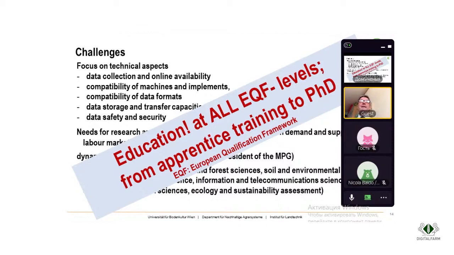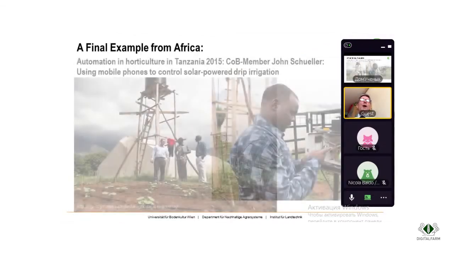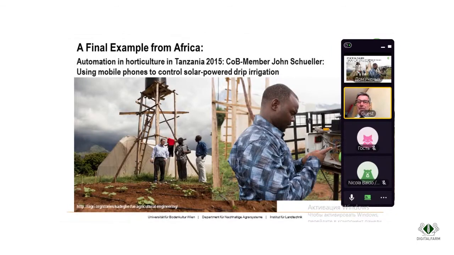To give a last example of how it can work, from my colleague, the Club of Bologna member, John Schiller, he was working in Africa, where also on a very simple level, in 2015, they tried to connect the solar irrigation, drip irrigation system via smartphone to manage it from abroad, optimized irrigation.